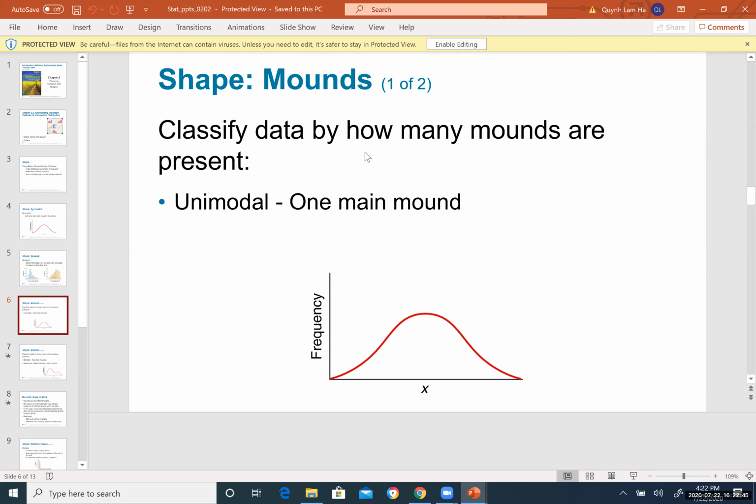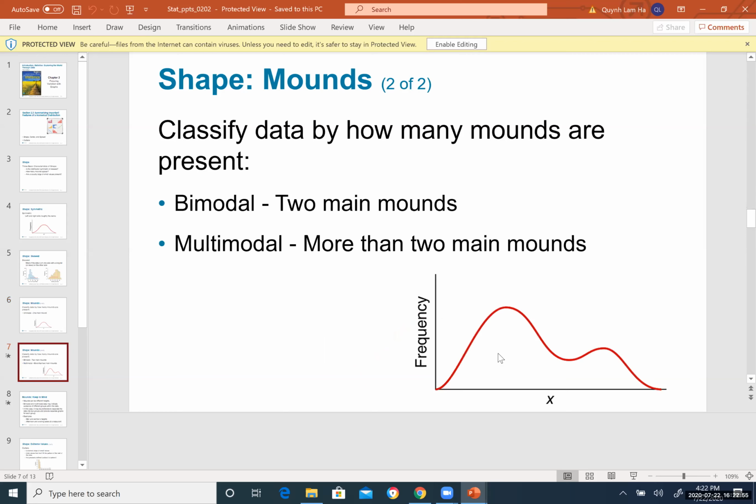So we classify by how many mounds are present. Unimodal, the name that I keep repeating, is one main mound. This is bimodal, which is two main mounds, you see? One right here, one right here. Multimodal would be more than two main mounds, but you're not going to see that graph.